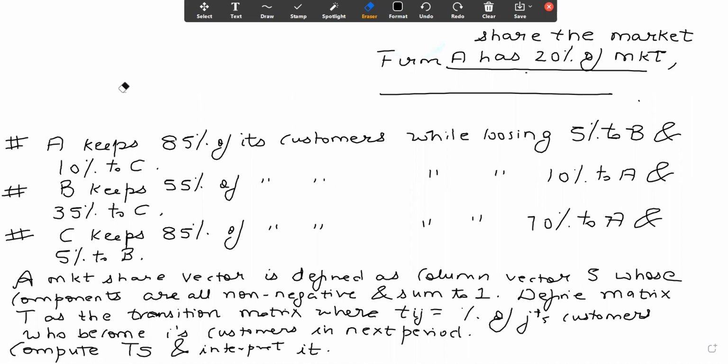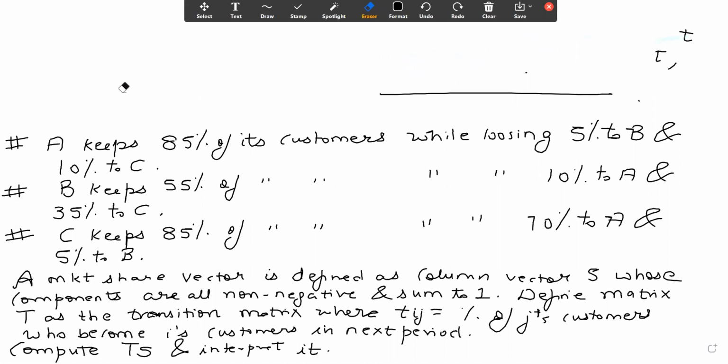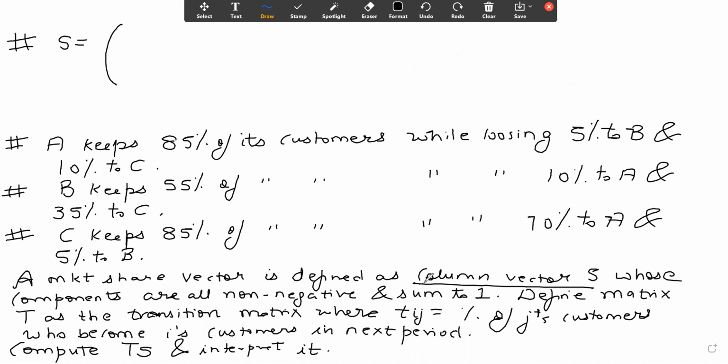Let's build the transition matrix. Let's build the market share matrix and let us see what is T into S. Okay, so guys, first of all, if I ask you what is the market share matrix, you can see it's actually a column vector. Column vector means it has only one column. So if you can read, how much does A have?